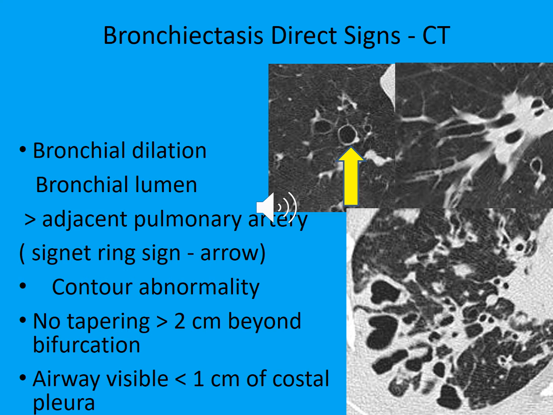We can also see abnormality of the contour of the airway. Typically, we see absence of tapering more than 2 centimeters beyond bifurcation, and if you see airway visible less than 1 centimeter of costal pleura, this is bronchiectasis as seen at the bottom image.